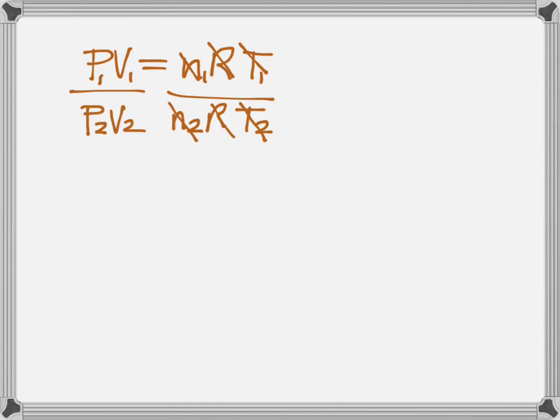What does the right side of this equation equal? 1, right? So if P1V1 over P2V2 equals 1, then P1V1 must equal P2V2. Right? Whose law is that? Boyle's law. You can get all the other gas laws by doing this.